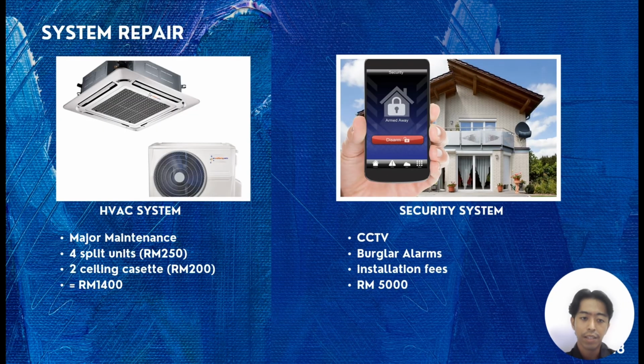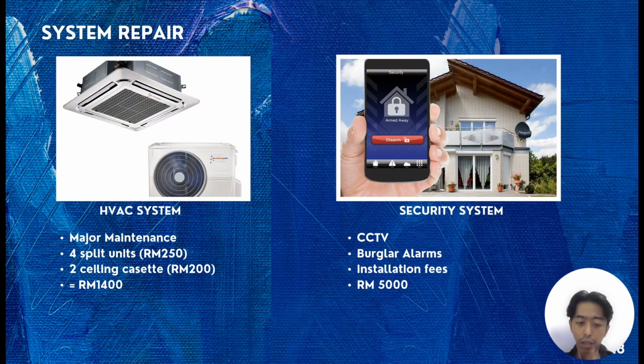Okay, this is the system repair that should be done to this bungalow. The first one is the HVAC system, where the major maintenance should be implemented since it is an abandoned bungalow, to ensure the efficiency at its best. And by referring to the bungalow size and the layout itself, we are assuming there will be 4 split units, one in each bedroom, and 2 ceiling cassette units to supply the cool air to the lounge and the living room of the bungalow.